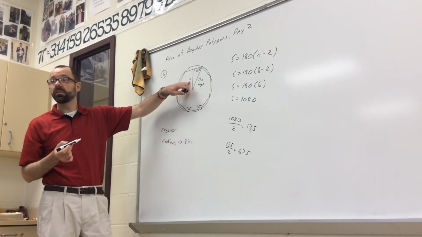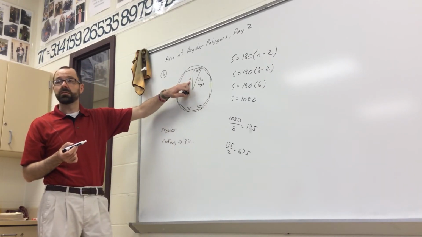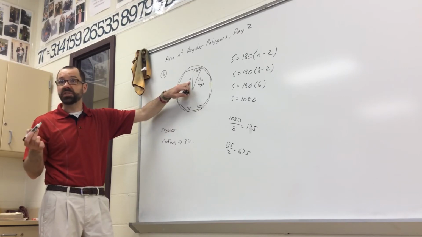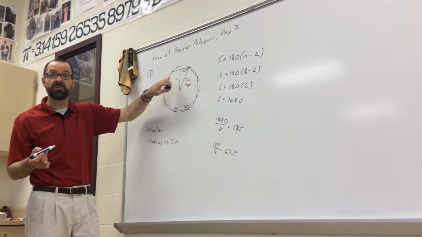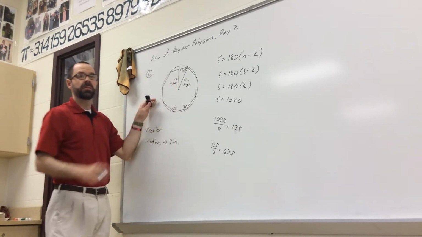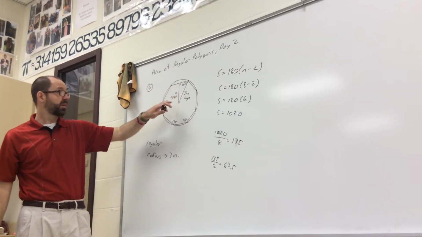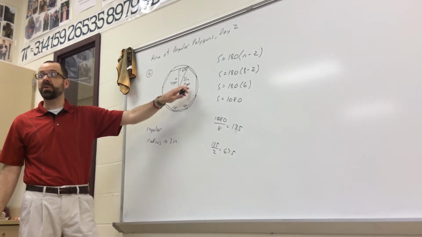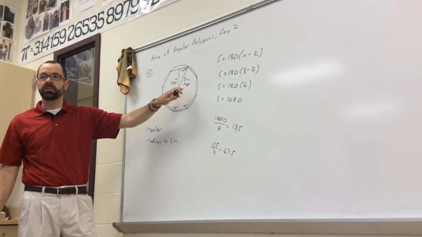What's this? It's the opposite, right? Because it's across from the 67.5. So we've got a right triangle here, and we're dealing with opposite and hypotenuse. So we can use sine.